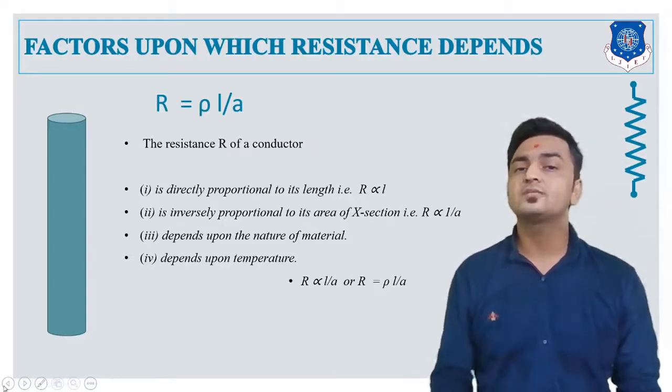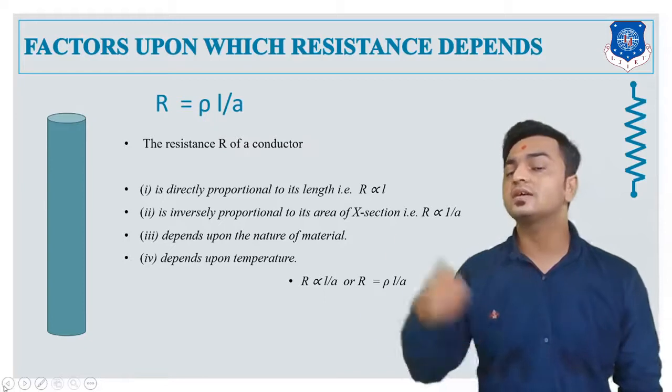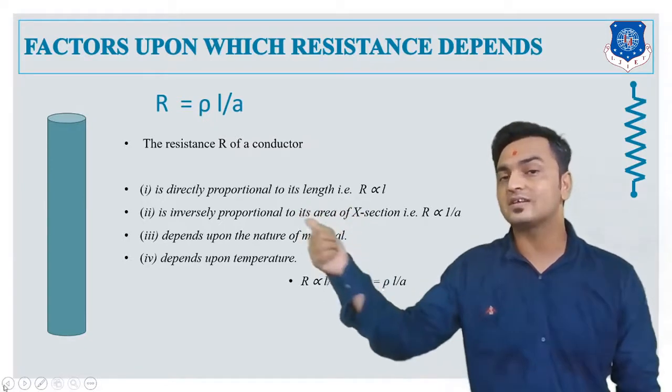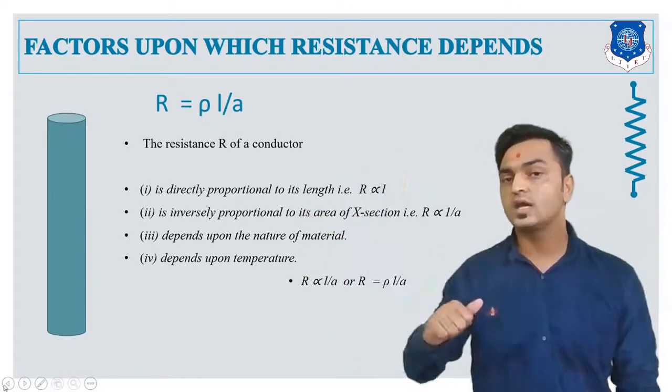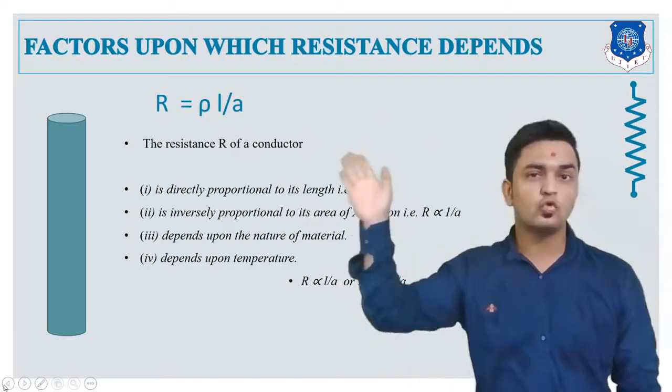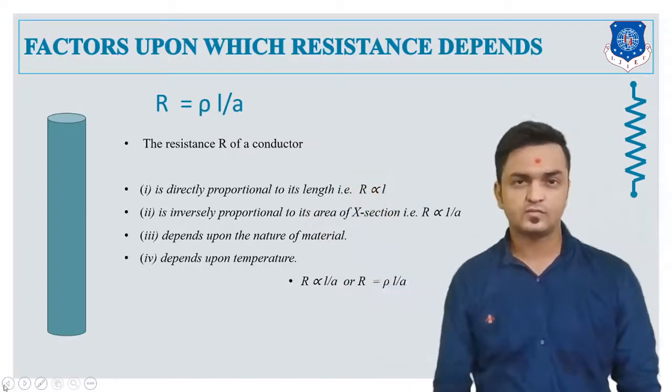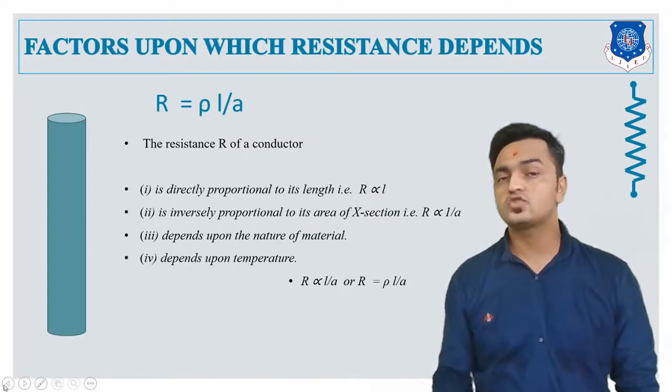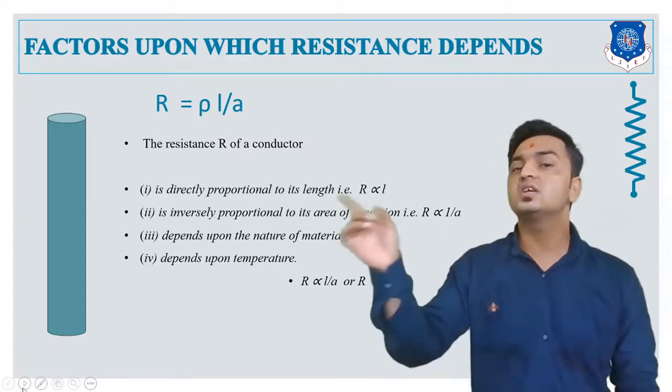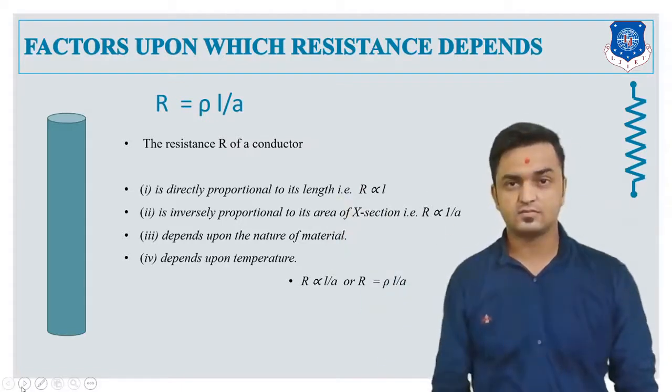By considering these parameters we can calculate its resistance by this equation: R is equal to rho L by A. Based on this equation we can find the relation of length, cross-section area and rho with the resistance.